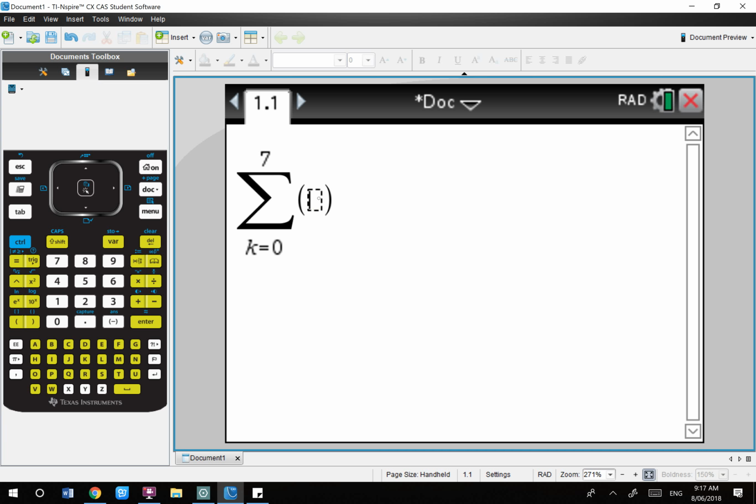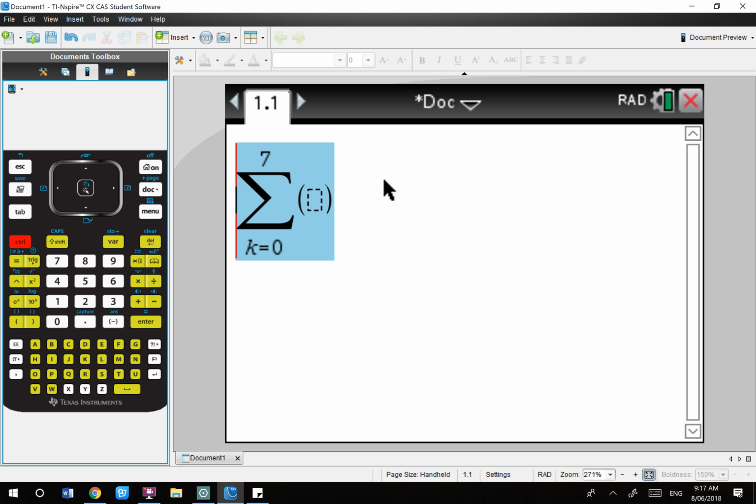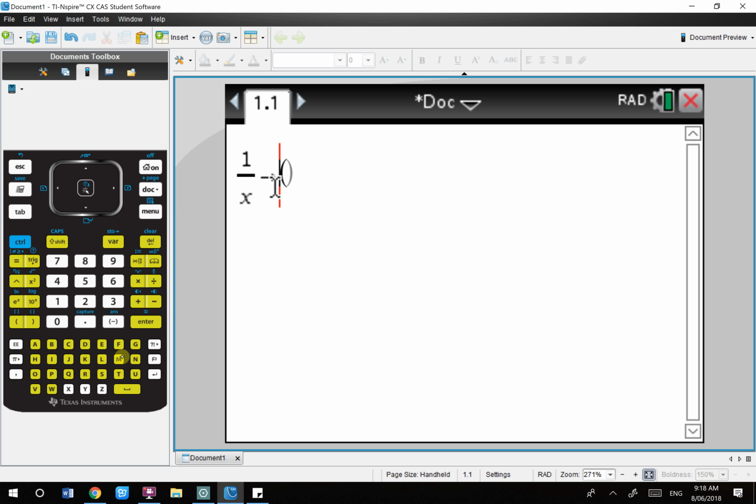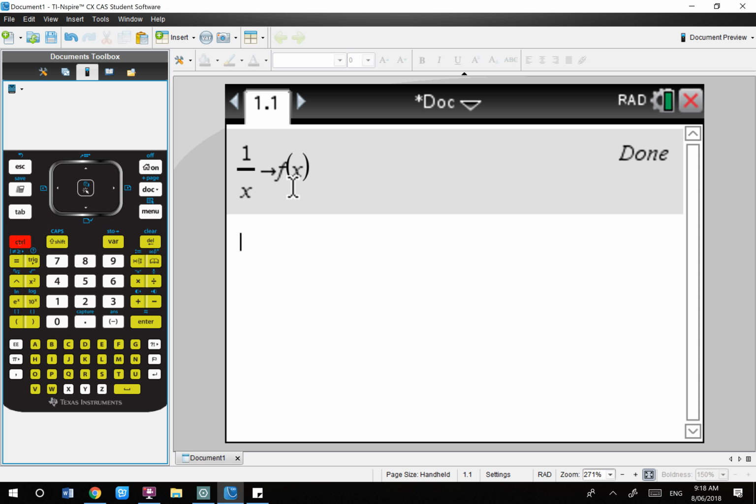And then, sorry, I forgot to define the function. What's the function? 1 over x. Control var fx. Okay, so I want that out.